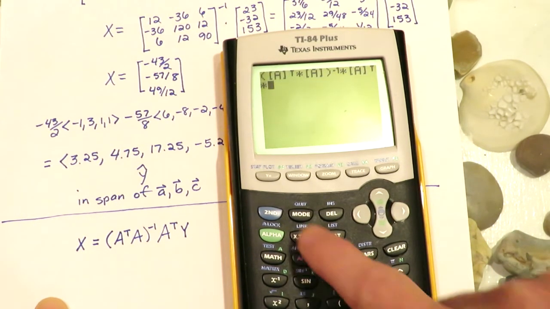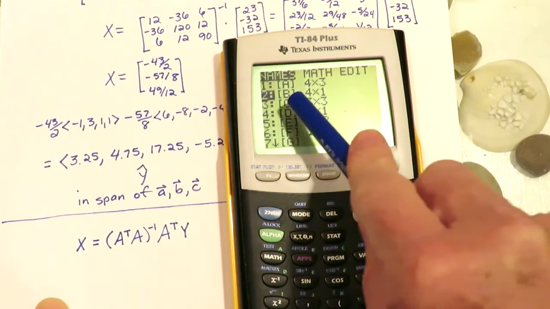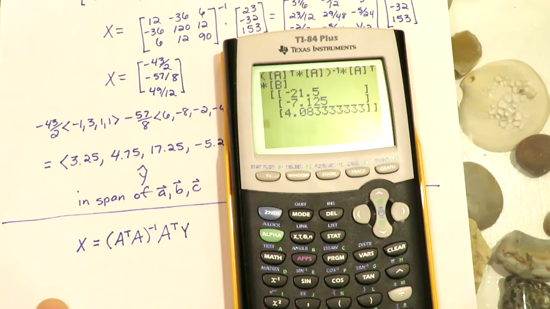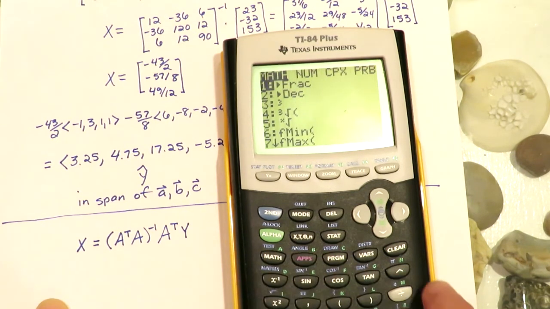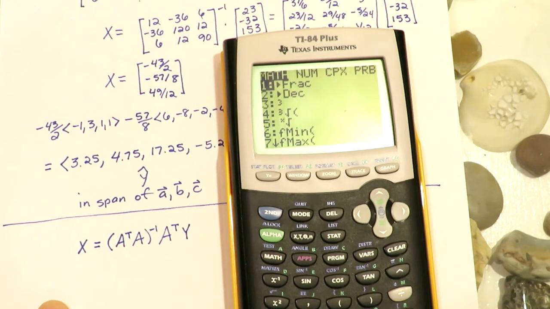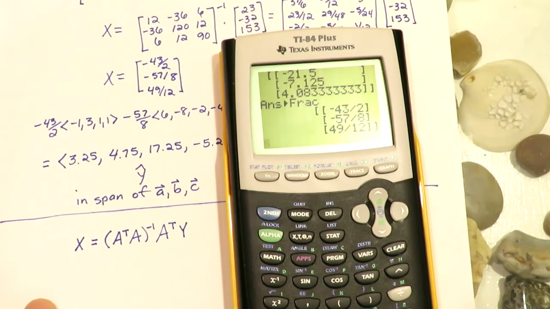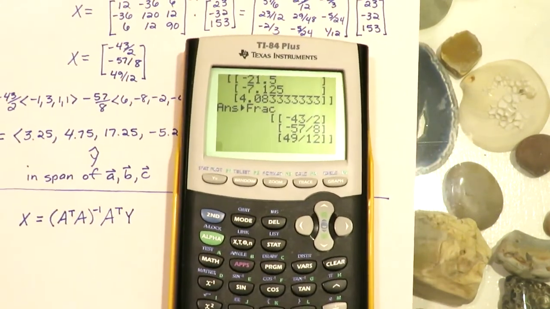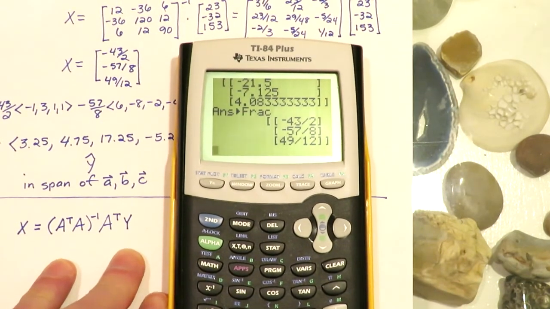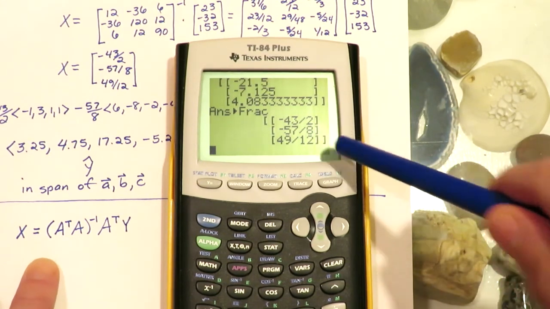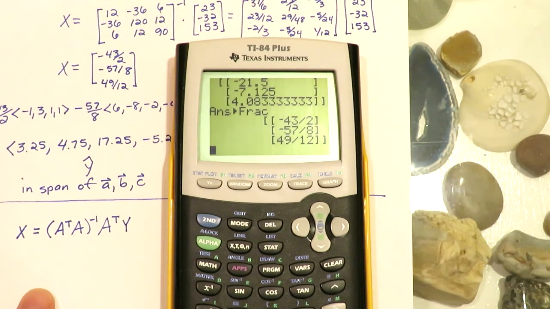And then lastly, we're going to multiply by the vector we're trying to approximate, which I put in B. Those numbers look a little messy, but if I hit math and then fraction, the first program, and hit enter, it converts the decimals into the fractions, and those are the same fractions that we had earlier. So again, if you're careful, you can type all of this in your calculator and get your scalars for your linear combination in one big step.